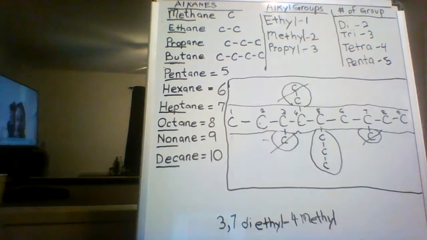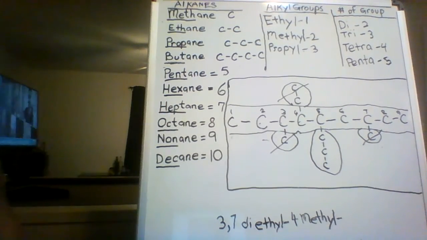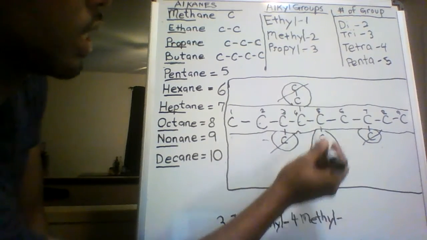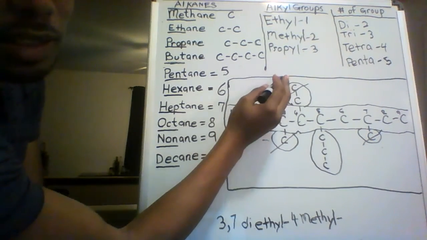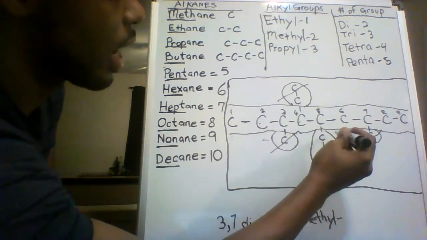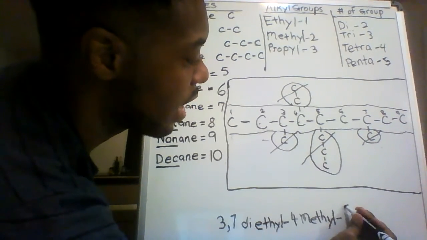All right. Now that we got that out the way, another dash. Oh, this one has 3, and it's on spot 5. Whenever it has 3 C's, it's a propyl. We got us a propyl right here on number 5. And it's going to go 5.